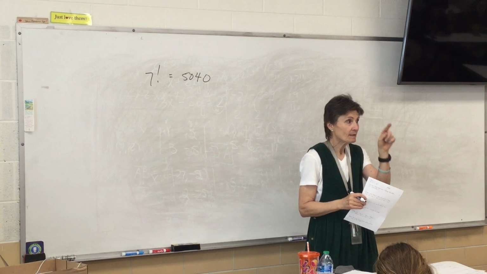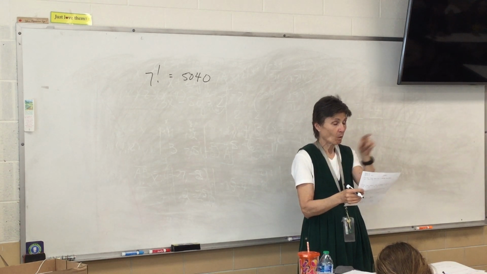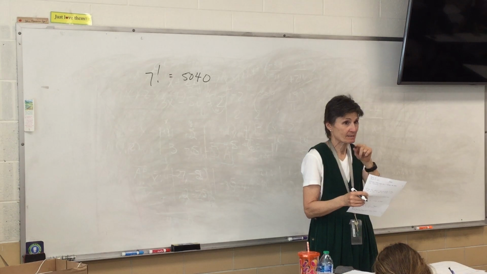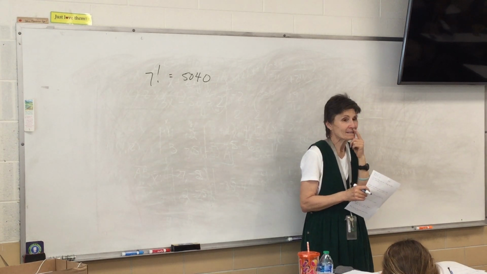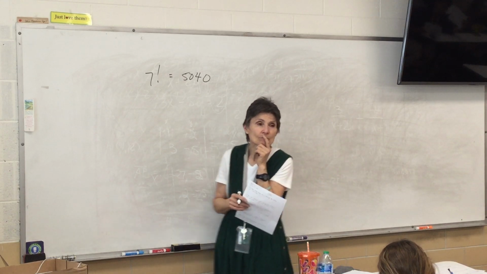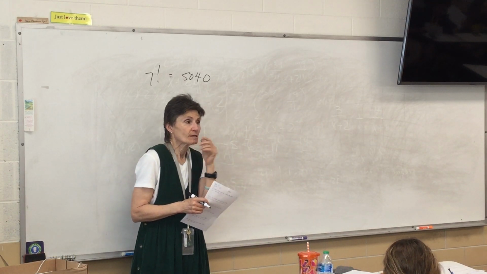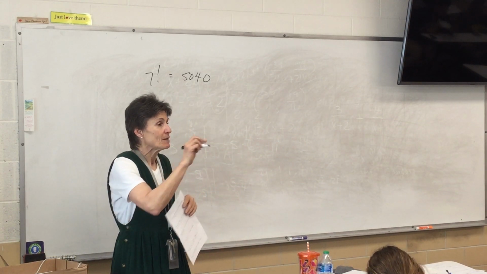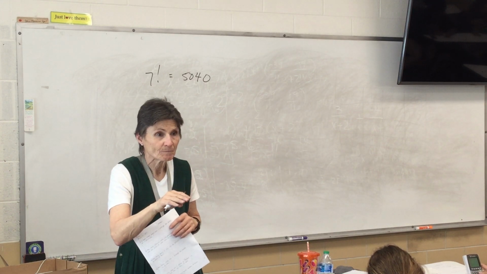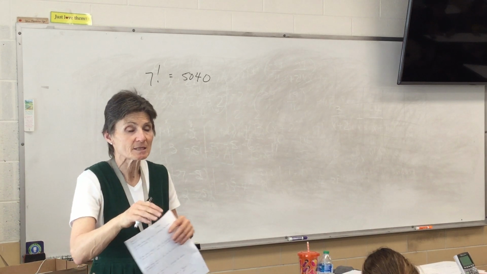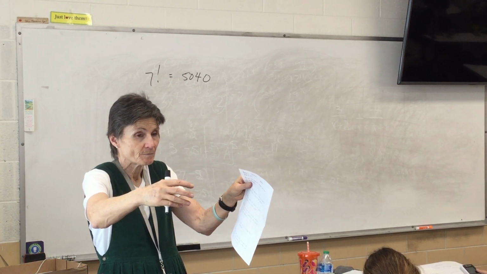So it's 10 P6 or 10 C6. Which do you think it is? C. Why is it a C? Because the order doesn't matter. The people are not getting picked for a specific job. They're just getting picked to be part of the group.